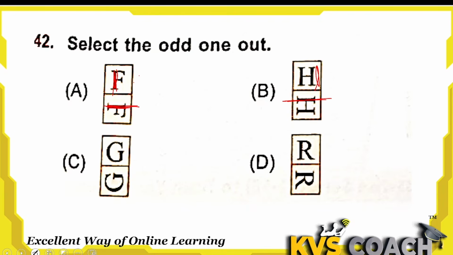Now the position of the H. Here G is vertical, and it will be horizontal, but you can see that this G is placed in this direction. F is placed horizontally, H is placed in this direction horizontally, but G is now in this direction, and R is again placed horizontally in this direction. So here the odd one out is only C.